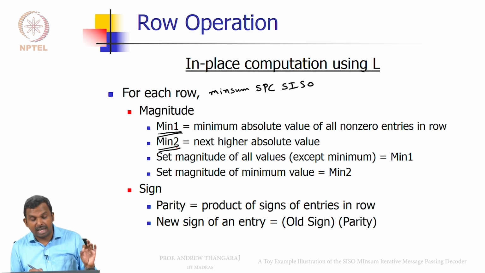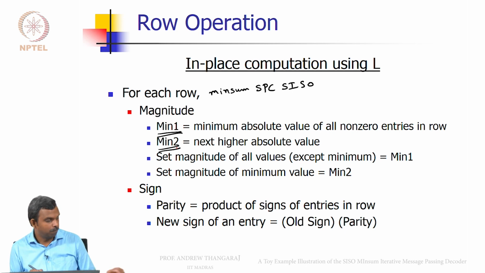Then you set the magnitude of all values except the least value as min1, and set the magnitude of the least value as min2. For the sign, you first find the product of all the non-zero values in the row, and for every particular entry you either flip or not flip depending on the overall parity. If the overall parity is satisfied, you do not flip. If overall parity is not satisfied, you flip. So, this is the SISO min-sum SPC decoder.